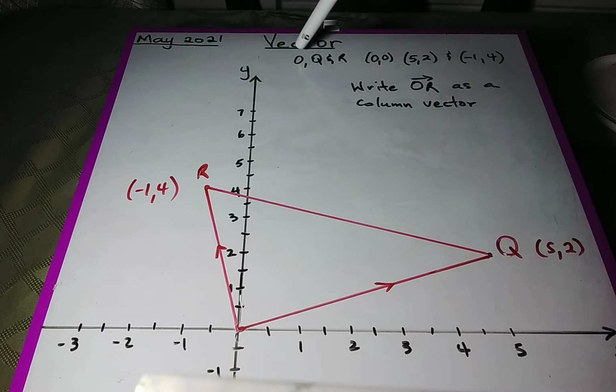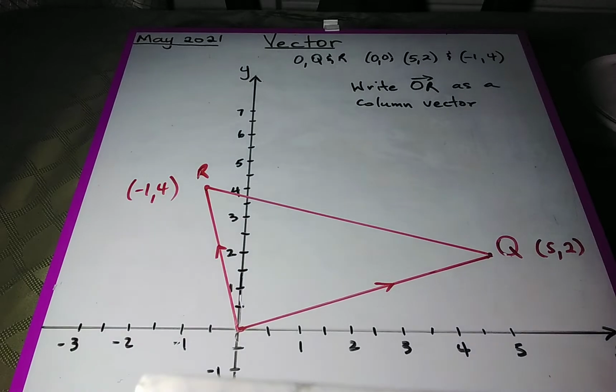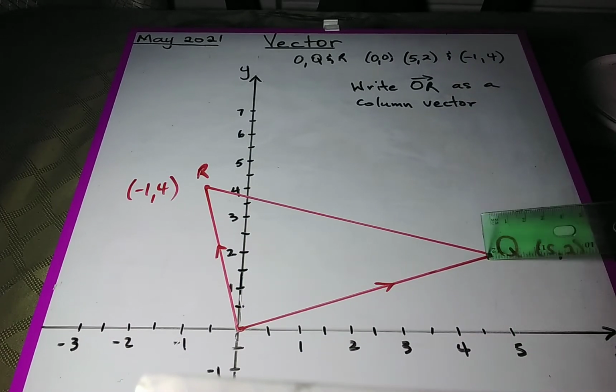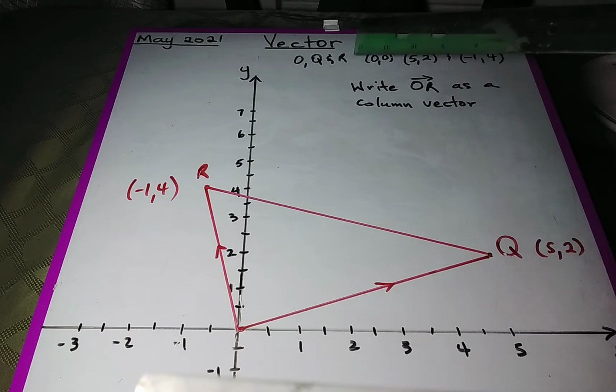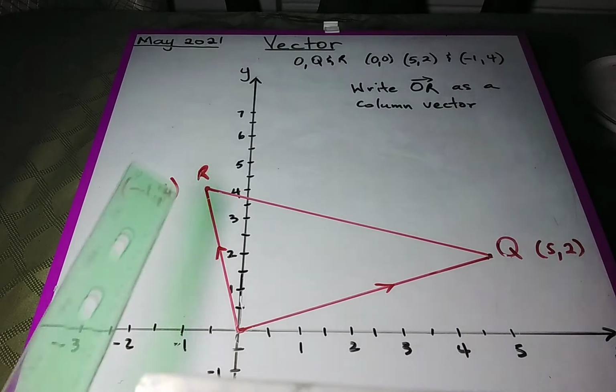So it means O would be 0, 0. That's O, the origin. Q would be 5, 2, as seen in the diagram, where you go 5 across and 2 upwards. And R would be negative 1, 4, where you go negative 1 direction and then 4 upwards.